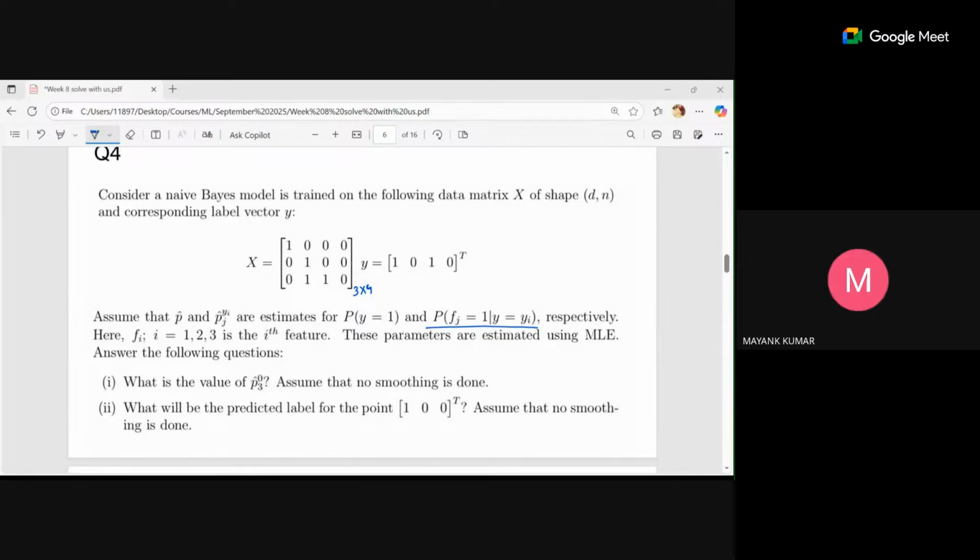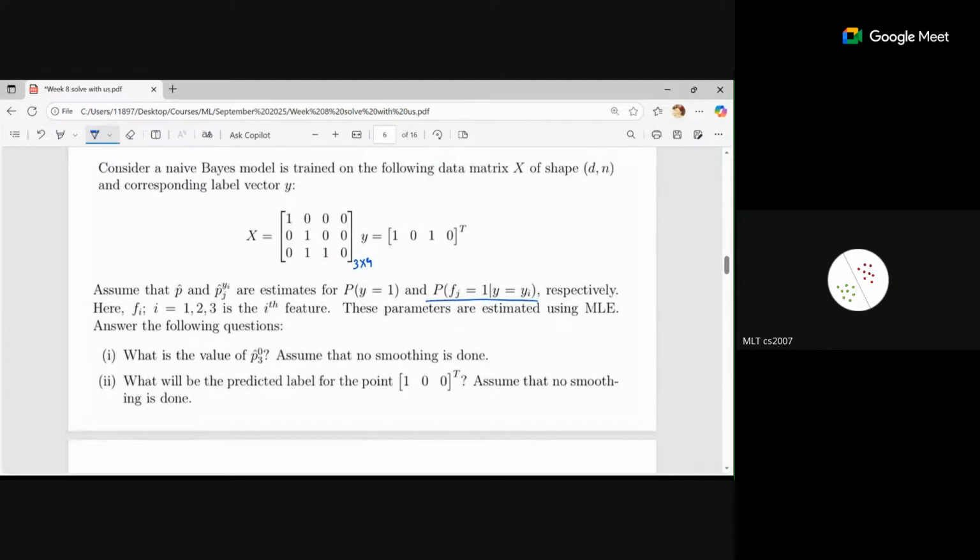Ma'am, can you give the solution for the first one? Okay, let's write it down first. The data matrix shape is D cross N. We have feature 1, feature 2, feature 3, and then we have the labels.